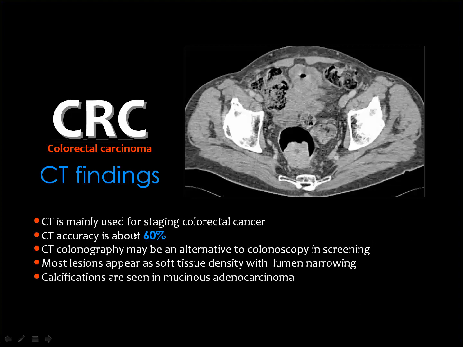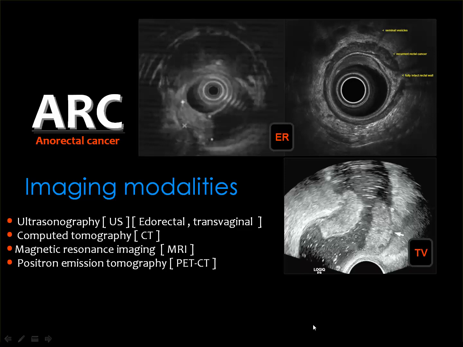The accuracy of CT is in the range of 60%, and CT colonography may be a helpful technique instead of colonoscopy, especially in screening. Most of the lesions are of soft tissue density with luminal narrowing or a polypoid mass projecting into the lumen. Calcification is seen in the mucinous adenocarcinoma.